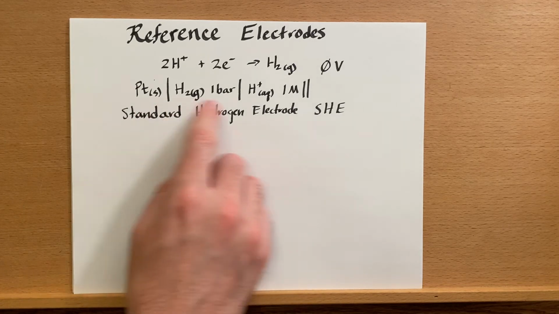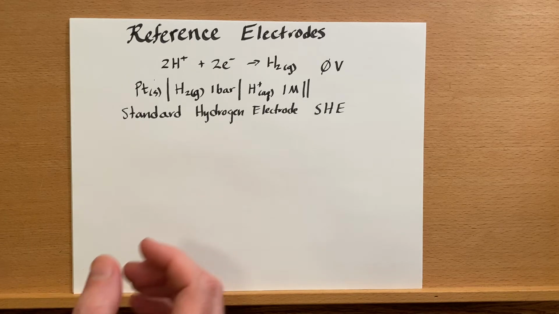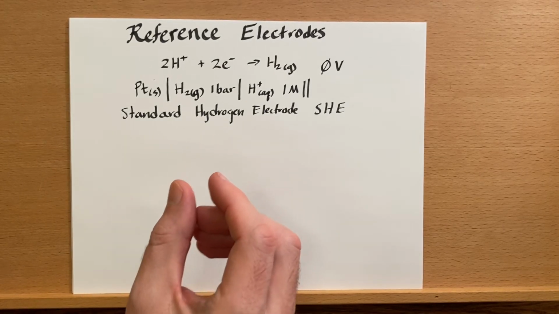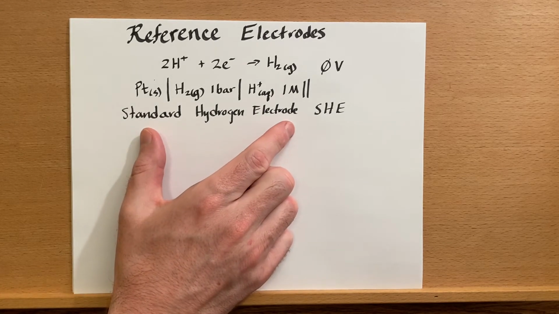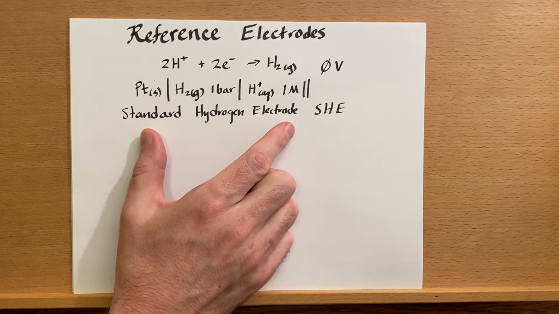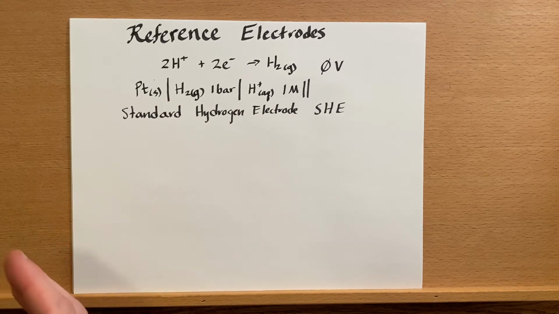None of these things is particularly convenient, and it could be very difficult to make these small. So we've come up with a different electrode that will maintain a constant potential that we can use as a reference electrode. And we did use the standard hydrogen electrode to measure the potential of this one, but from then on, we can use this more convenient electrode.